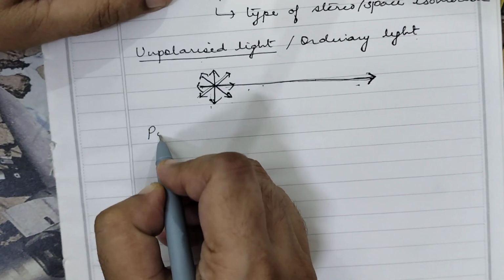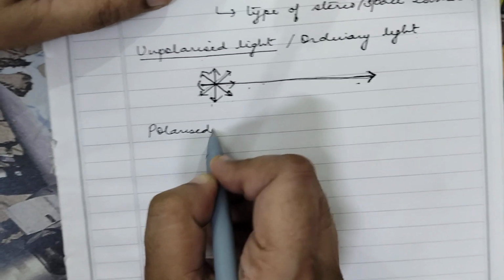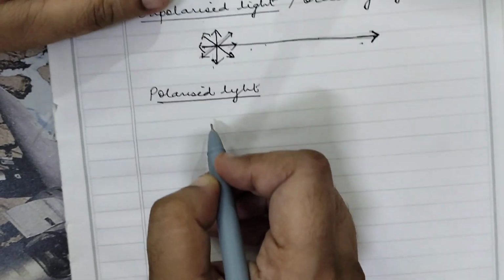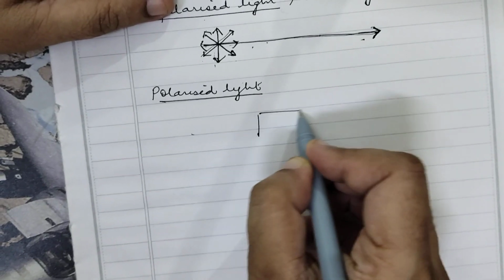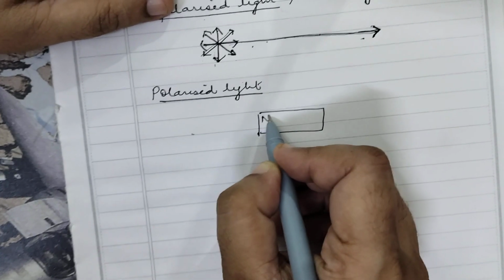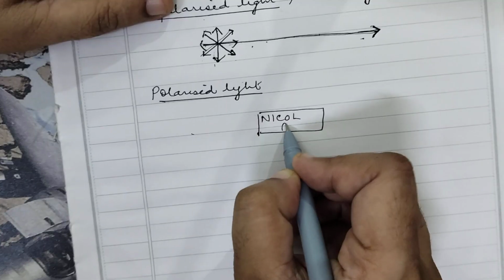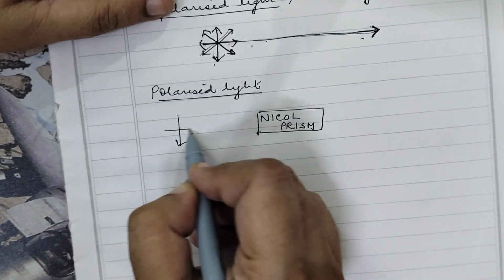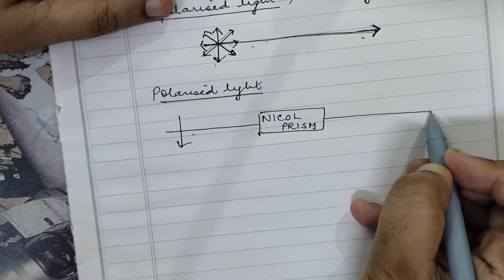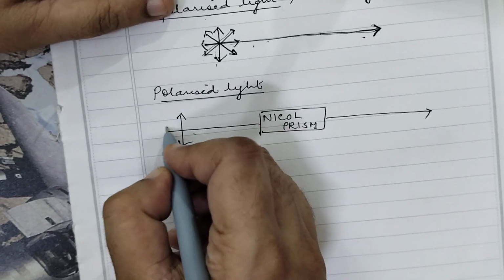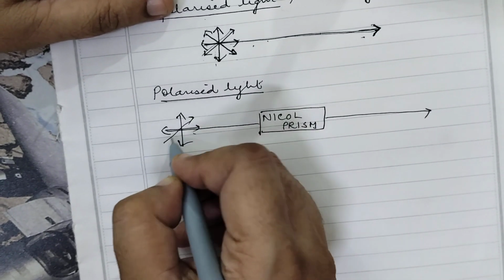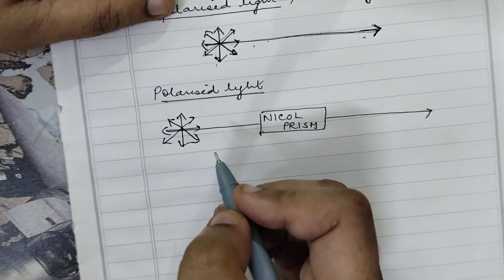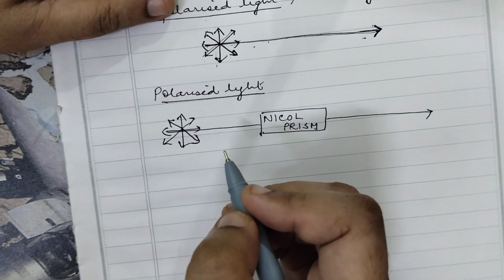And the second term is polarized light. If we take this unpolarized light and pass it through a device called Nicol prism. So if this is the direction of propagation and this is unpolarized light, with which I am showing that vibrations are in all the directions perpendicular to the direction of light.